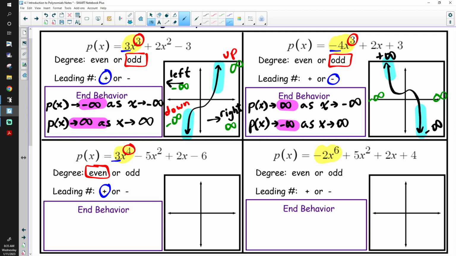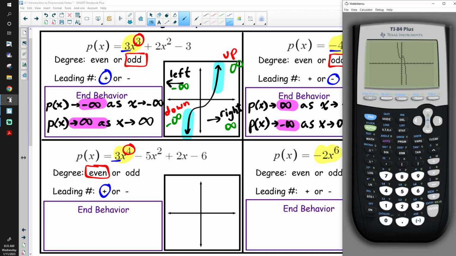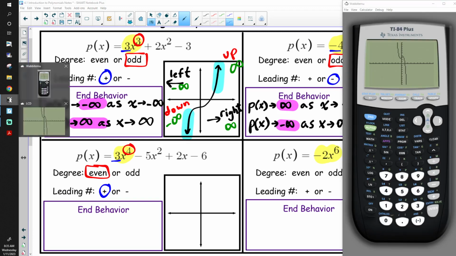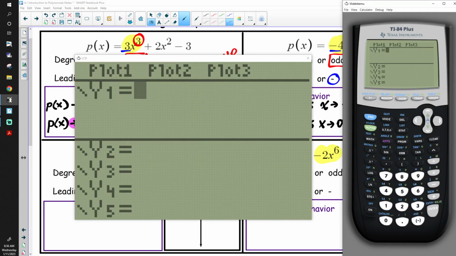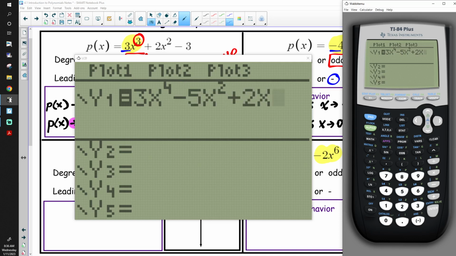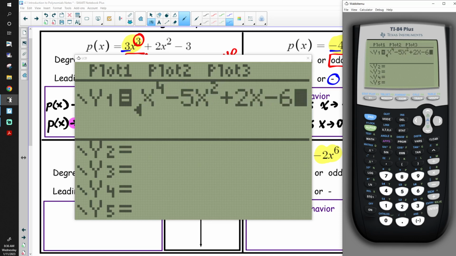Okay, so pull up your graph. Go to your y equals, clear out that old one. We have 3x to the power of 4 minus 5x squared plus 2x minus 6.